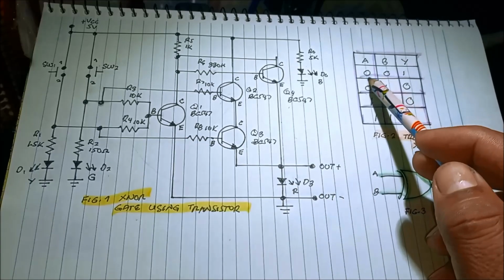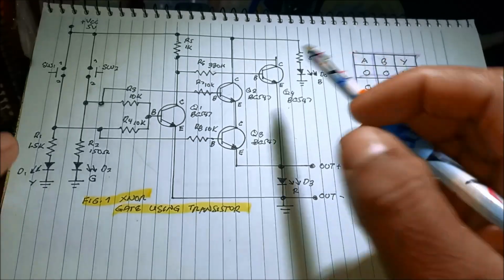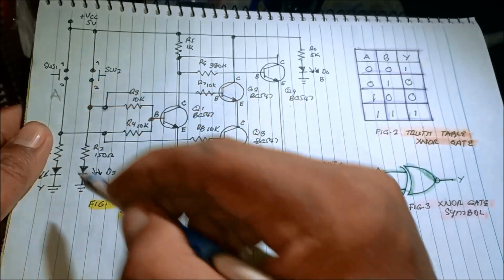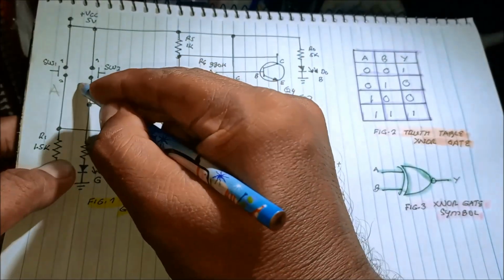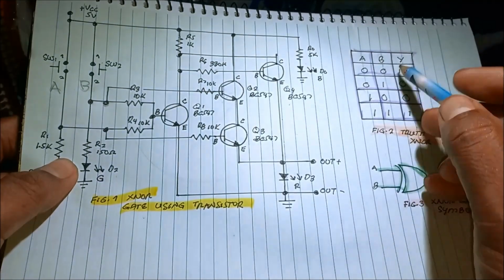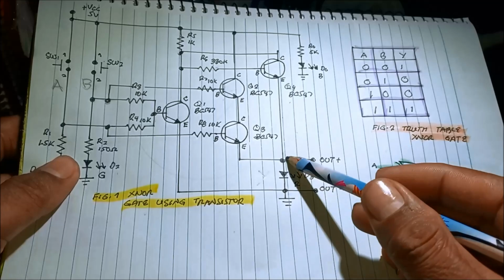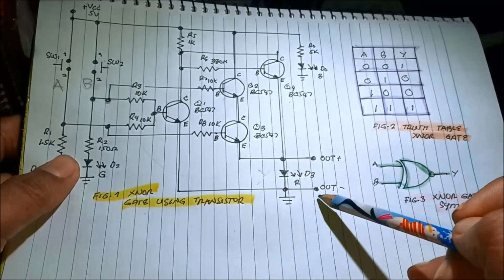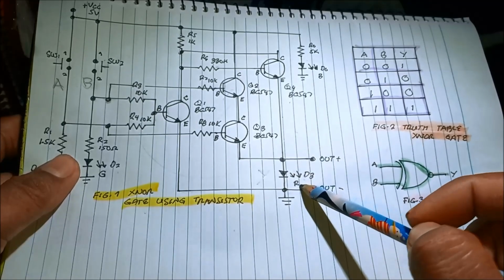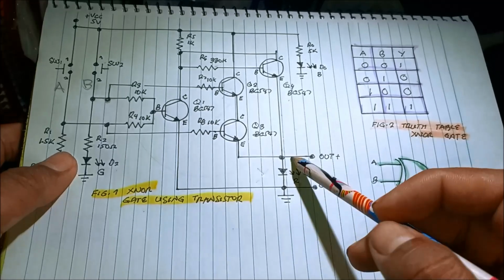Okay? This is the switch A, and switch B, Y is the output. The output is connected here, output color LED red.